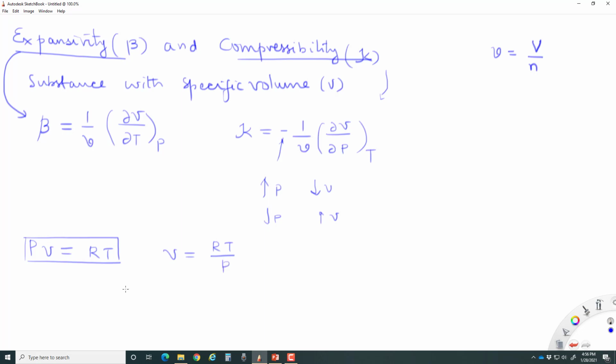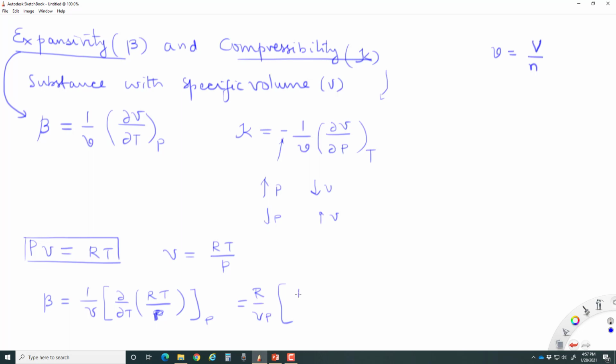So beta for an ideal gas is 1 over V, d/dT of V, where V is RT over P, at constant pressure. Since we are keeping pressure constant, we can pull the pressure out, and also R is the gas constant, we can pull it out, so R and P out.